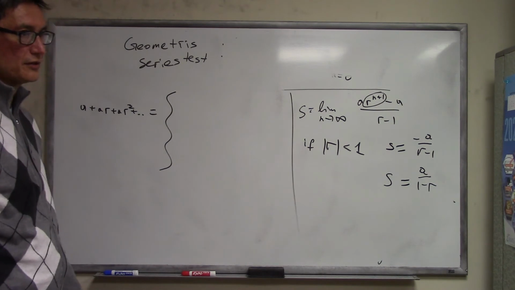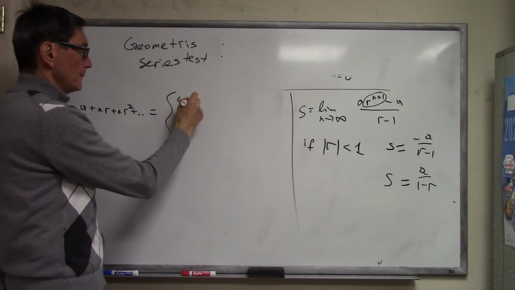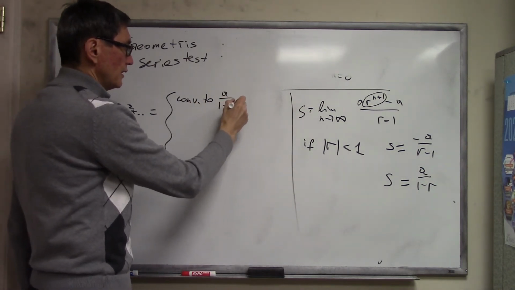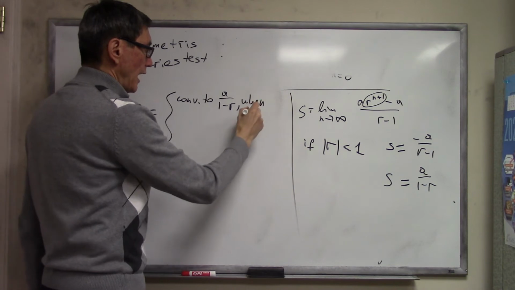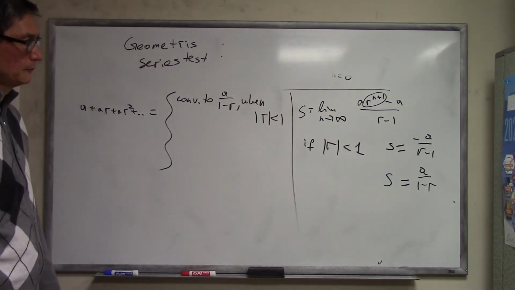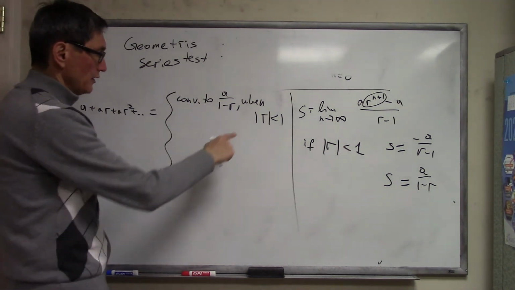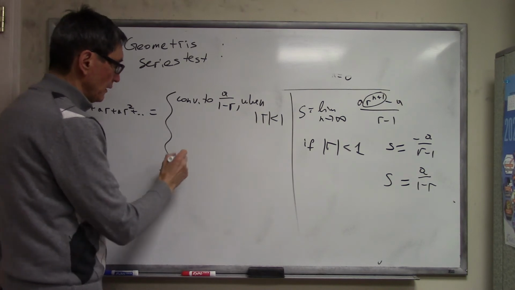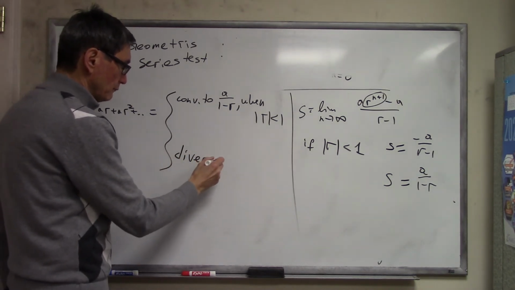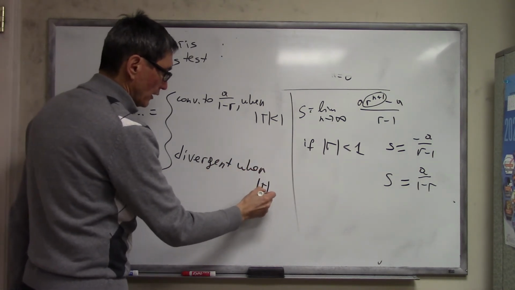So the geometric series is going to be convergent to a over 1 minus r when absolute value of r is less than 1. That's the first case. And if r is big, if absolute value of r is bigger than 1, the corresponding series is going to be divergent.